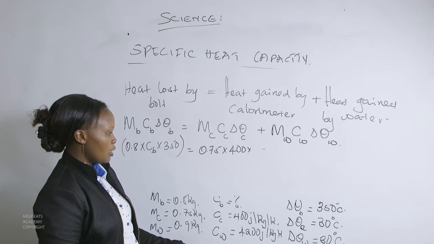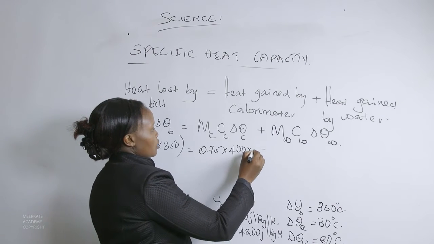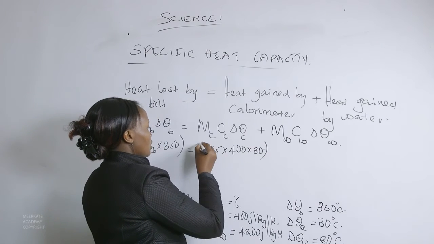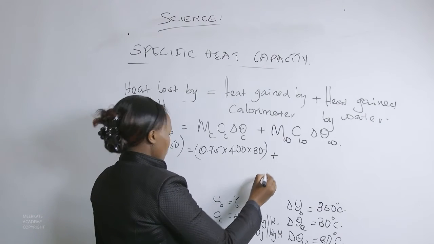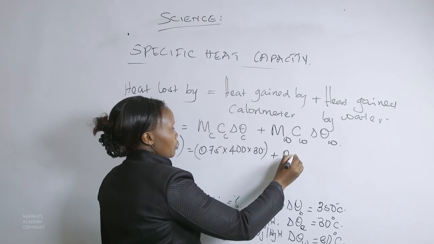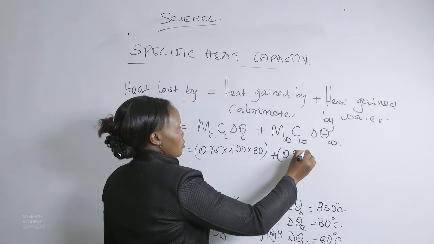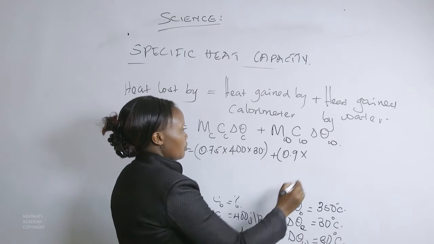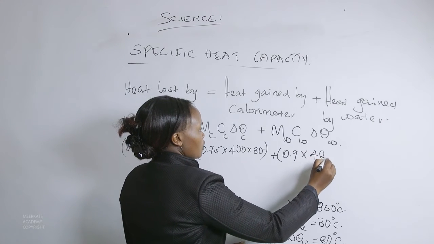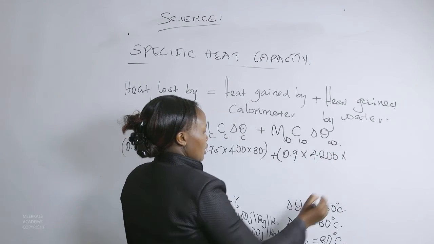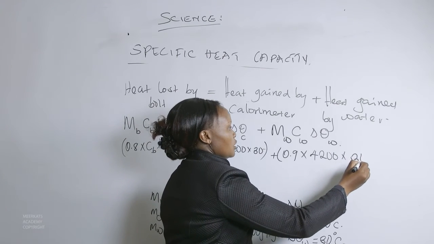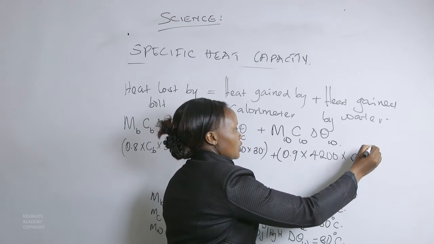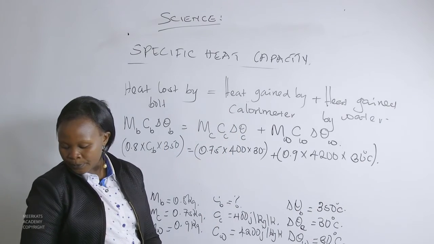Then we multiply by the change in temperature, which is 30. All that we add to the mass of water, which is 0.9. We multiply by the specific heat capacity, again, we have it as 4200. Then the change in temperature, which is 30 degrees Celsius.